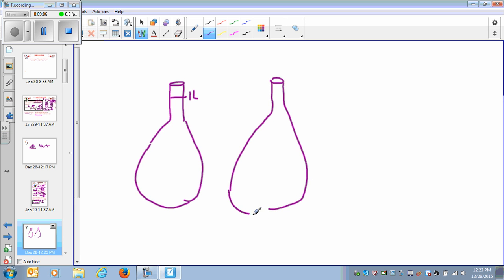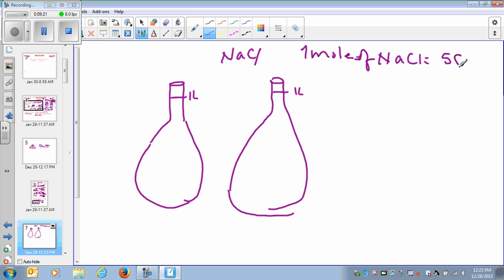If I'm preparing sodium chloride solution, 1 mole of NaCl is 58.05 grams. So if I take 58.05 grams, dissolve it in some water, and then fill it up to 1 liter, this is a 1 molar solution. If I want to prepare a 3 molar solution, of course I will take 58.05 multiplied by 3.